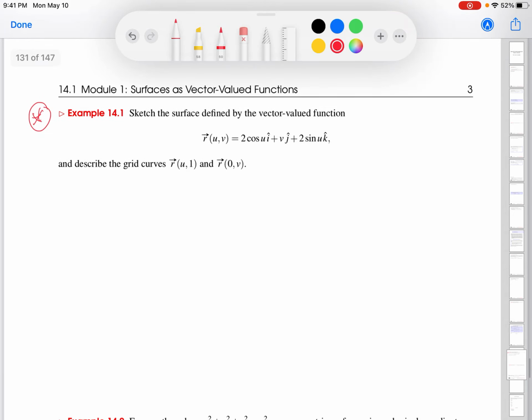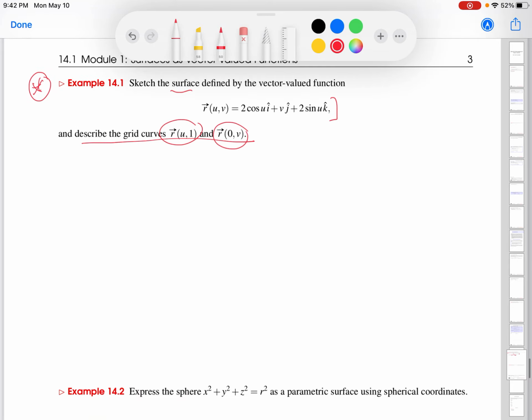So let's look at this example. It says sketch the surface defined by this vector valued function and then describe the grid curves, these two. First thing I'm going to note is that if I write this in vector form, it's written using the standard basis vectors, but I can pick out 2 cosine u, v, and 2 sine u.